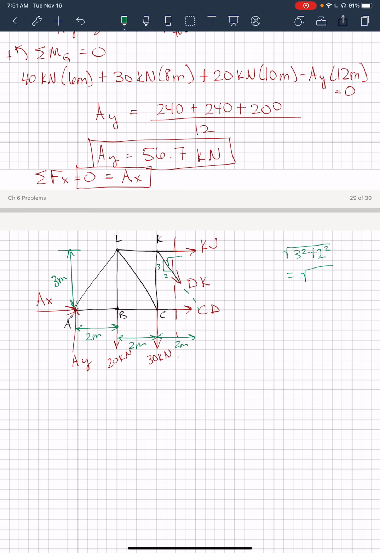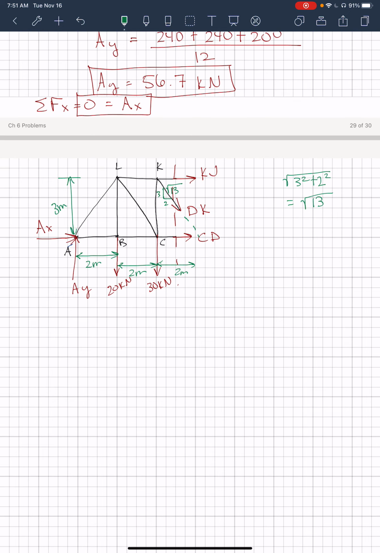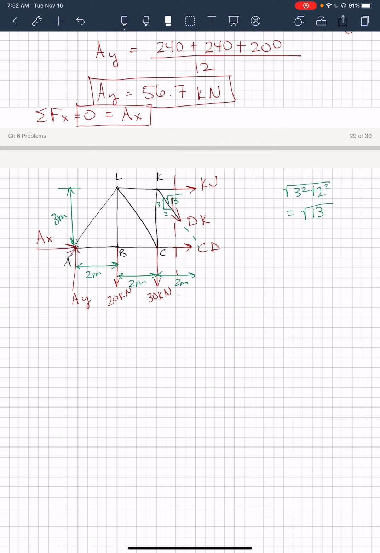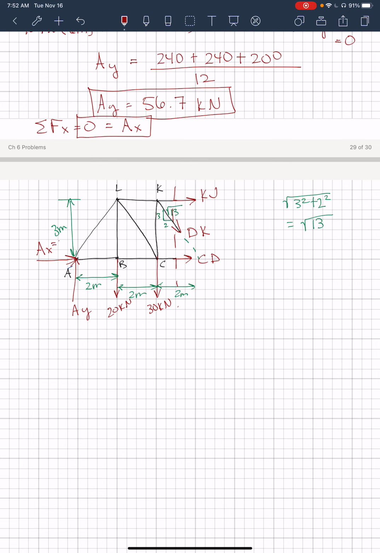So that's 9 plus 4, so that's the square root of 13. That's the hypotenuse for that triangle, and it's just a ratio to figure out what percentage of each goes in the x and the y direction. I think that's it. Actually, I'm going to write in the AX and the AY. AX equals 0, AY is 56.7 kilonewtons.